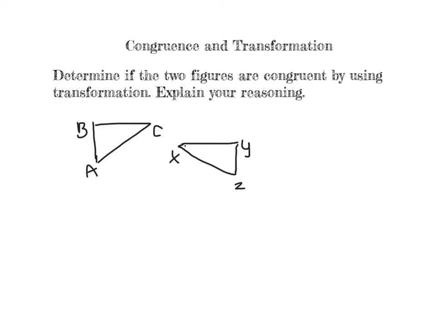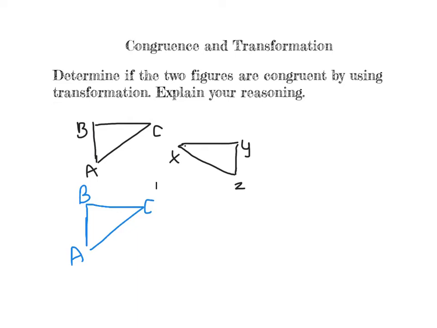Looking at these two triangles, it looks like I could flip this triangle over and shift it down and it would fit right on top of triangle XYZ. So that's exactly what I'm going to do. I'm going to start by first taking my triangle ABC, and to flip, when we're talking transformation, means reflection.